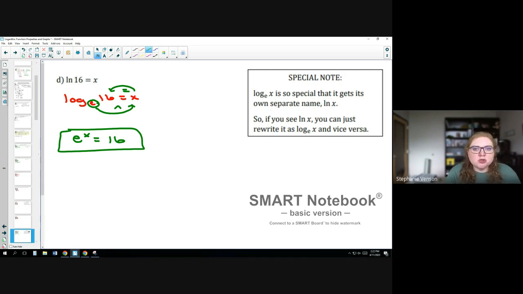So if you wanted to, you could pause the video, jump over to Pearson, and just try the homework problems where you have to rewrite exponentials as logs and vice versa. And then once you master those, you could come back and watch the next portion of the video if that's helpful to you. So take advantage of that if you think that would be helpful.